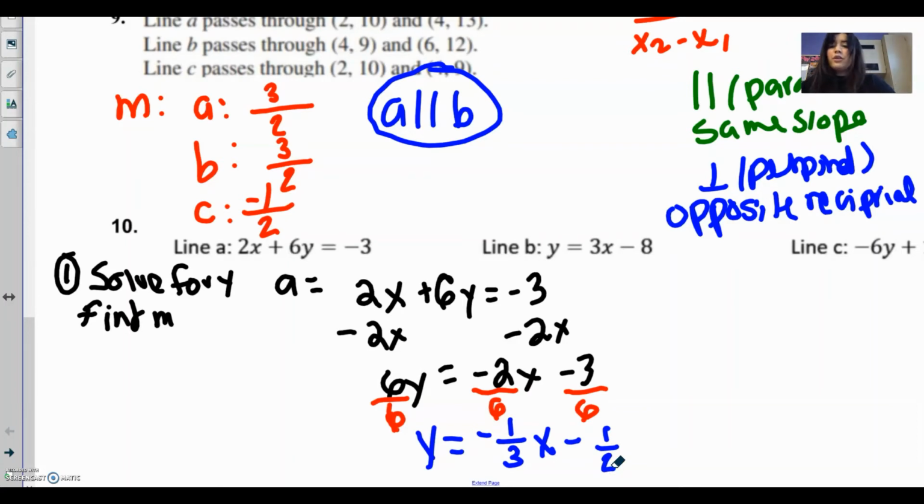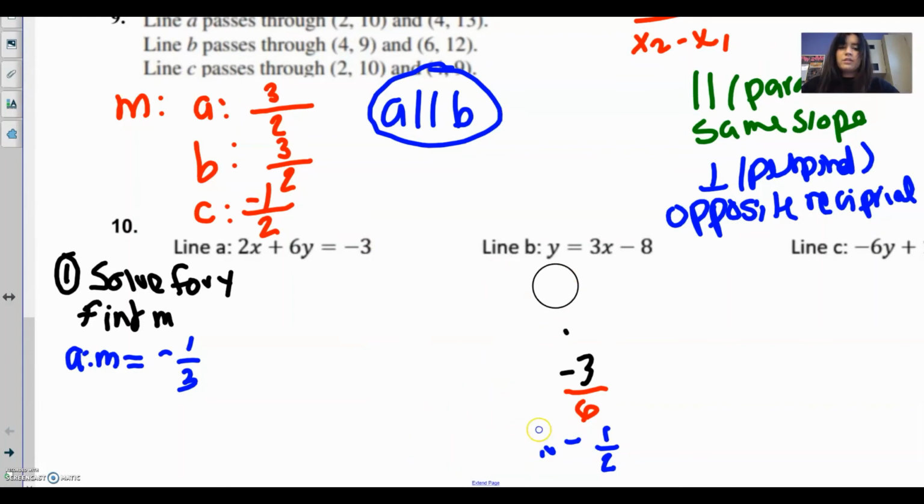Okay, so for A, what is m? M equals negative 1/3. Okay, now if you need to pause, go ahead and pause because I'm going to erase.